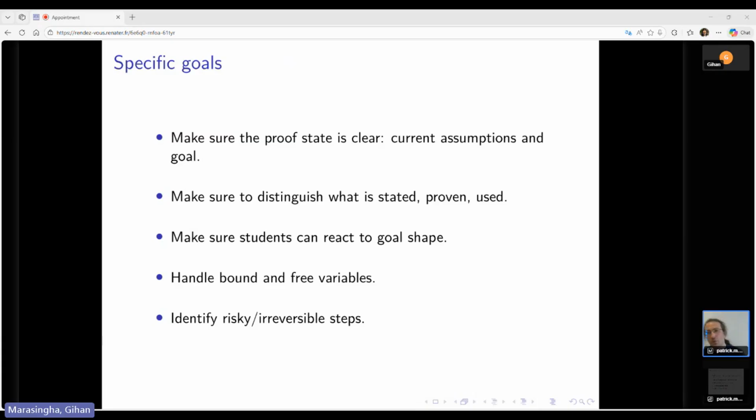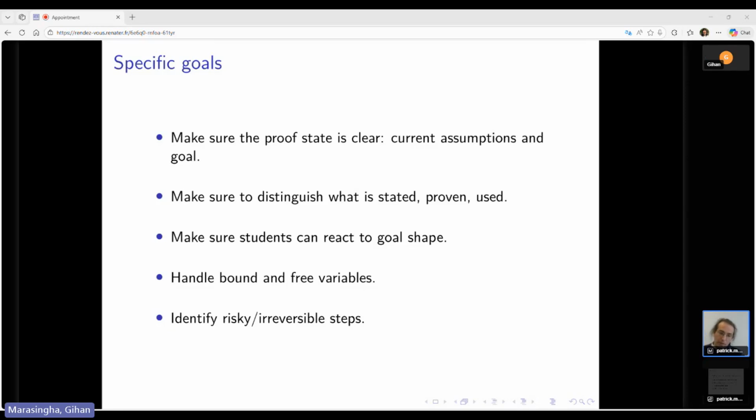And sometimes we don't distinguish between stating P implies Q and using P implies Q, or stating for all x something and starting a proof of for all x something. So it's much easier with a proof assistant to be rigorous about this and really consistent.